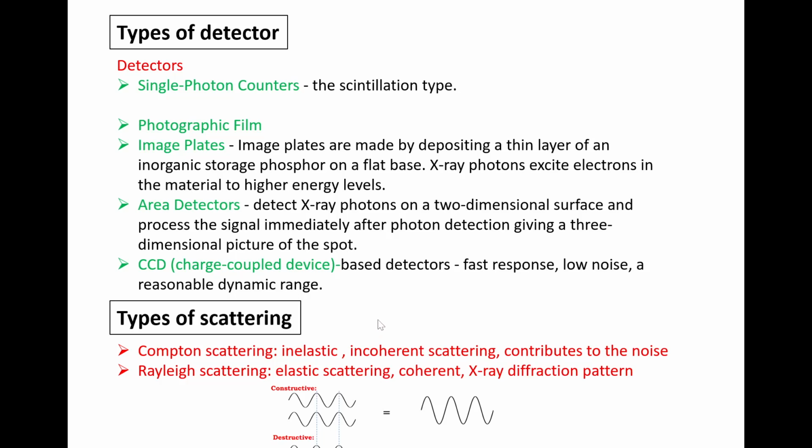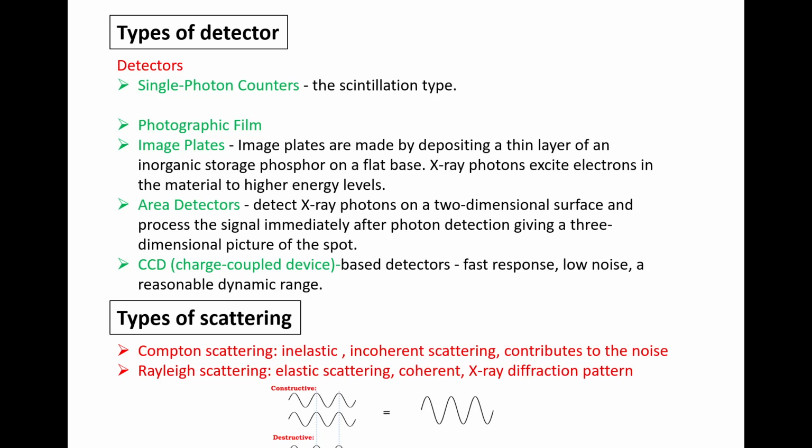Now when you are talking about X-rays or any scattering event, you have to consider that two kinds of scattering can happen. One is elastic scattering, and the other is inelastic scattering. In inelastic scattering, the waves being generated are not in phase with one another.